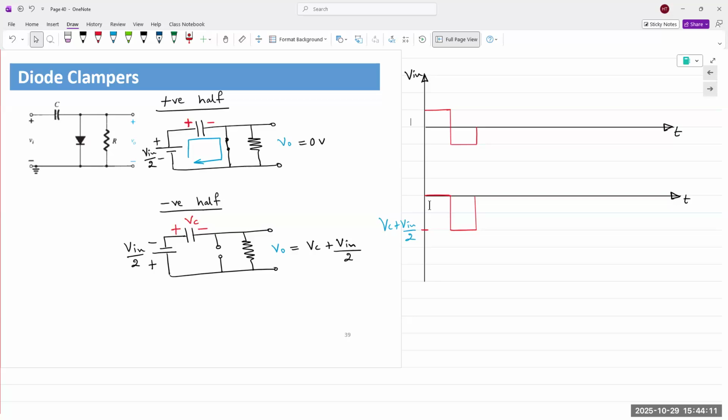But the thing to keep in mind is the time constant, R times C. To increase the time constant, we can increase the size of the capacitor, but the R in charging is the diode resistance. We cannot increase that. The only way to increase it is by having multiple diodes in series, which could increase the series resistance.